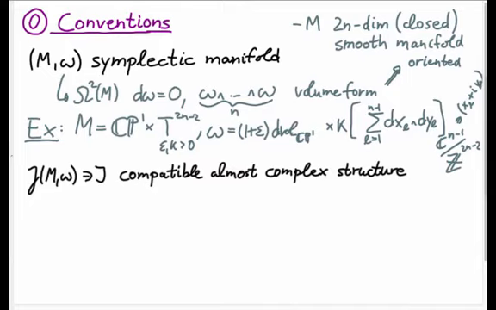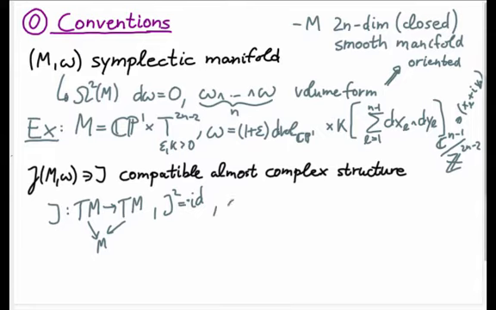So that means my J here is going to map the tangent bundle to itself, covering the identity on M. So it's going to be a linear map on each tangent space, squares to minus the identity, and it's compatible with omega in the sense that if I stick J into one factor of omega, I'm going to get a metric on my manifold, which is usually called g_J.